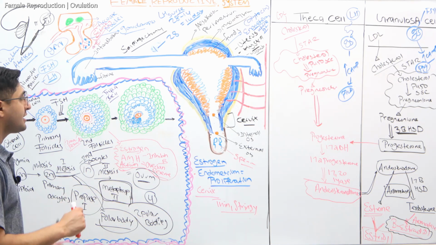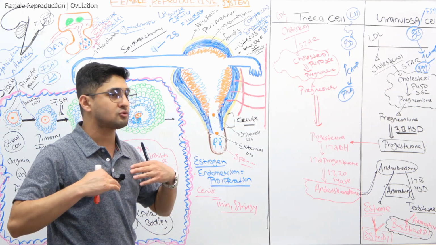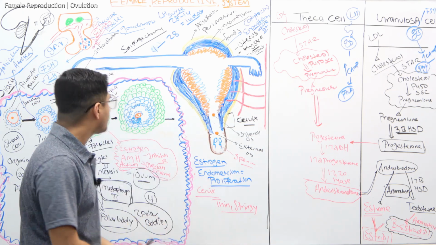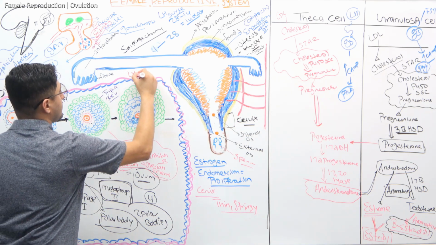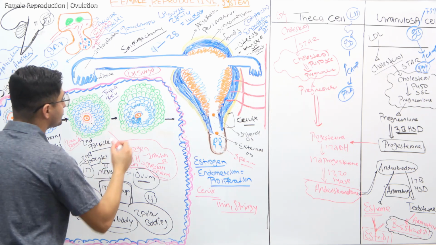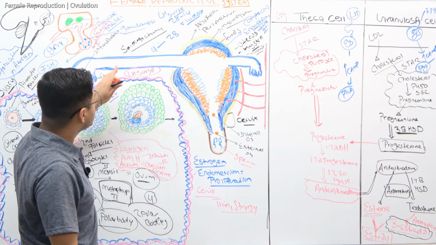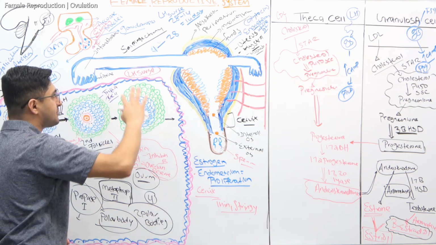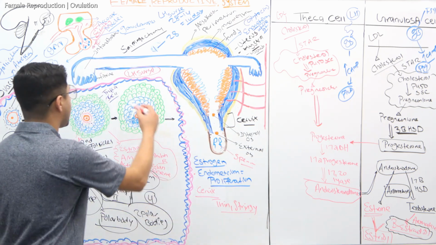FSH also increases, but LH increases way more compared to FSH. That's the reason why we call it the LH surge, okay? This usually happens, if the monthly cycle of a female is 28 days, around day 13 or 14.